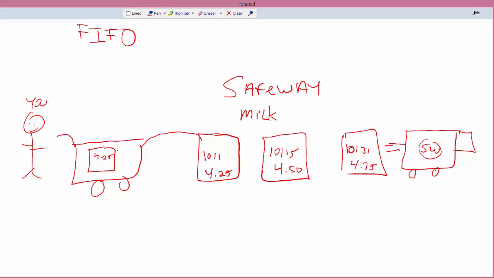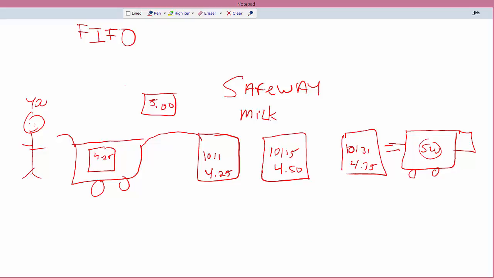So, this is a cost flow assumption. We are not saying that the goods have to flow this way. It really doesn't matter if you grab from the back, or if you go all the way and beat up the truck driver and take the ones off the truck. We're going to assume that it's the $4.25 ones that you're going to take first. Now, of course, Safeway wants to make a profit, so they're going to charge you $5 for these.